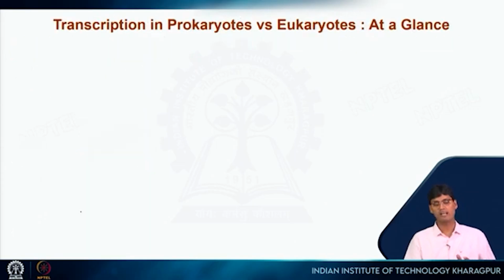As a result of that, few things are different in prokaryote and eukaryote. Particularly if I say about the RNA polymerase, in case of eukaryote we have different types of RNA polymerase and they have different roles, like RNA polymerase 1, 2, 3, but in case of bacteria or prokaryote we have the same type of RNA polymerase and it transcribes all different types of RNA including mRNA, rRNA and tRNA.